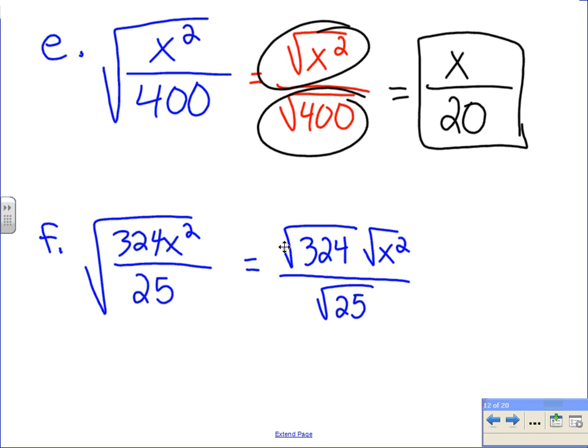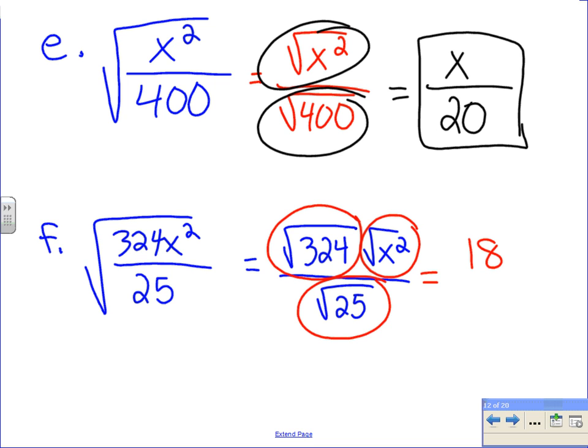So using the quotient property of radicals, and actually in the numerator, also the product property of radicals, split them up. So let's look at the perfect squares. Square root of 324 is a perfect square. Square root of x squared is a perfect square. And square root of 25 is a perfect square. So this one also works out really nicely because we can just take the square root of each of them.